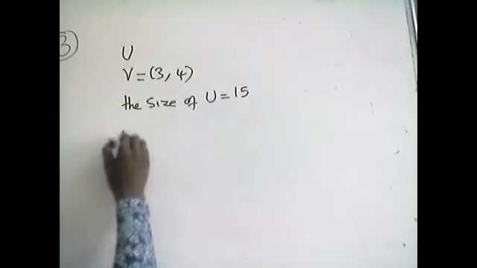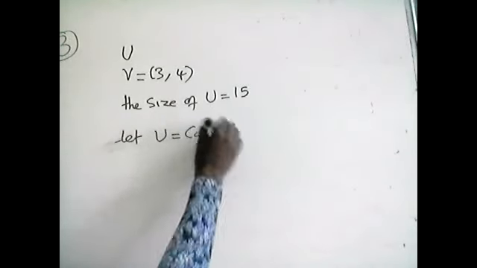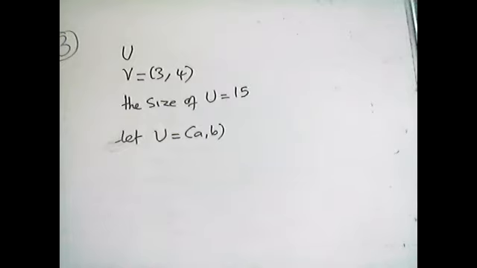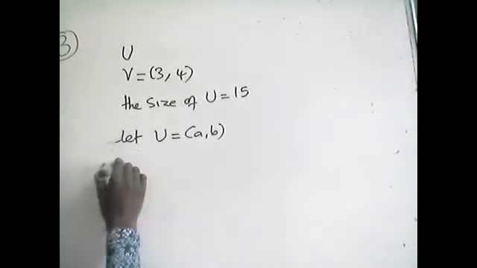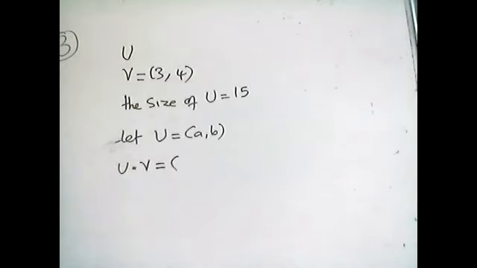So let vector U be equal to a, b. We are told that U is perpendicular to V, so their dot product is giving us a 0.